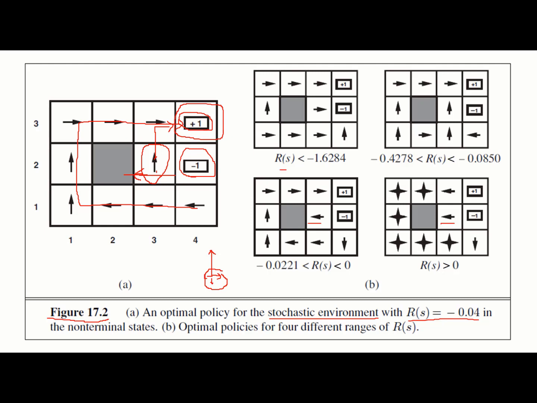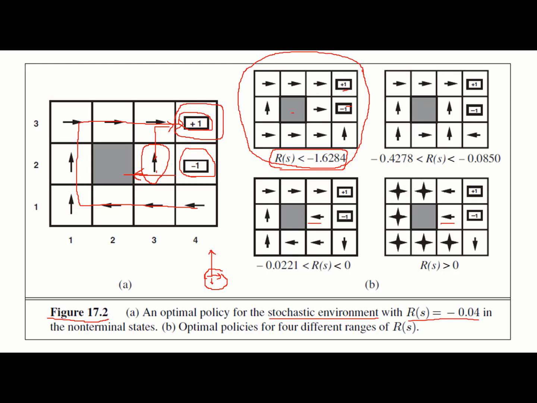But now let's look at a case where the reward of all the states except those of the obstacle and the terminals is very negative, less than -0.162. Then the robot would like to terminate the game as quickly as possible because it is really suffering from punishment. So the strategy here is to terminate the game as quickly as possible by accumulating a minimum negative reward.